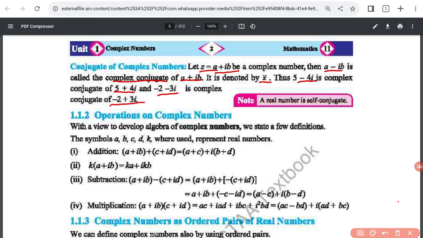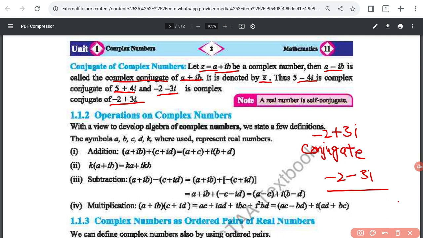For example, we have minus 2 plus 3 iota. The conjugate of this one is minus 2, and we just change the sign of the imaginary part, so it will become minus 2 minus 3 iota.